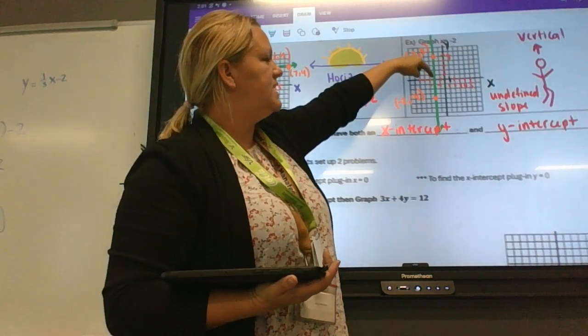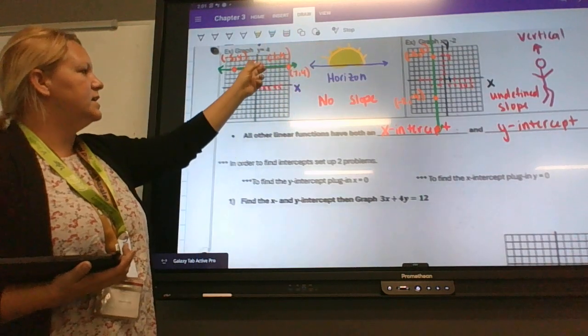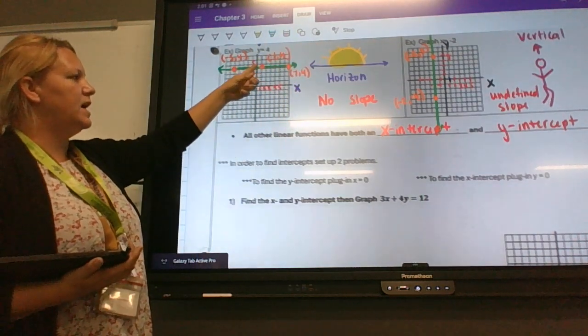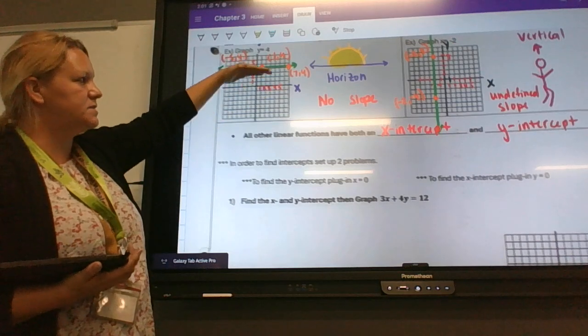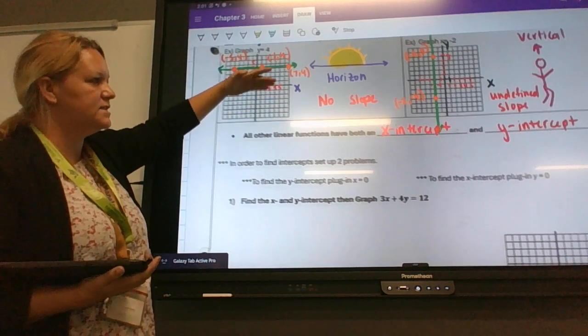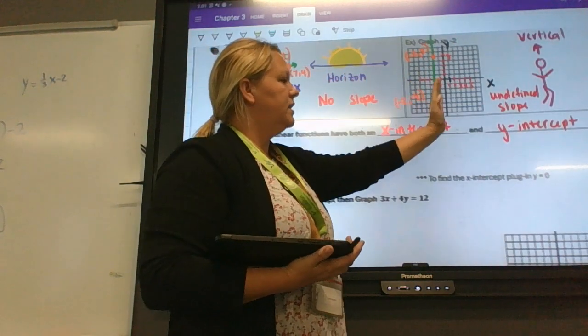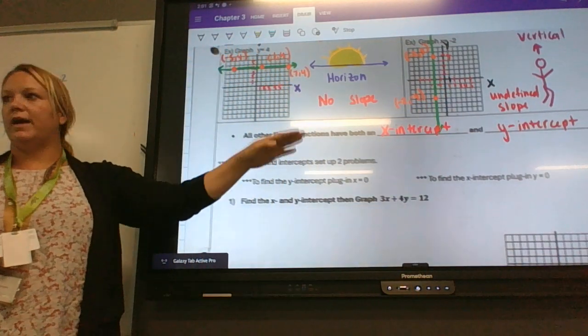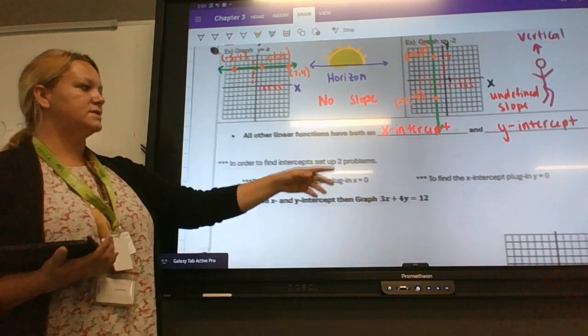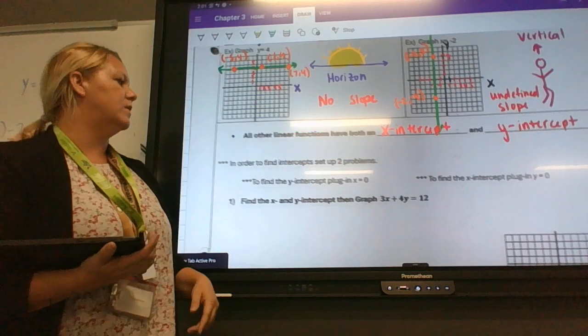So this one intercepts at -2, and this has a y-intercept at 4. This one doesn't have an x-intercept. This one never crosses the x-axis. And this one never crosses the y-axis. But if there's any type of slope at all, it's going to cross both the x and the y-axis.